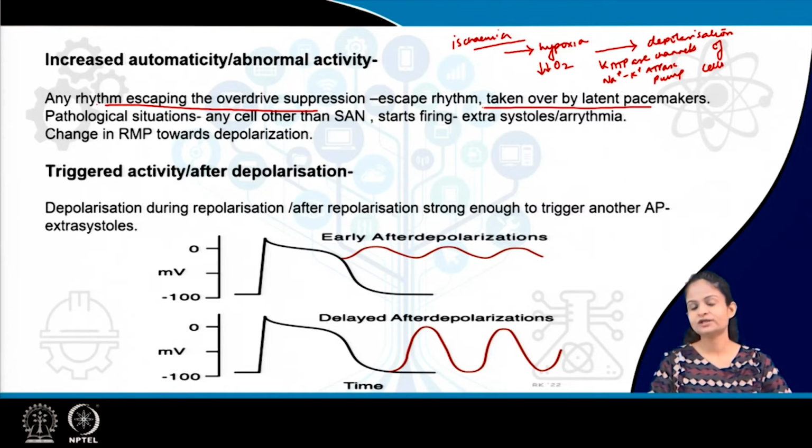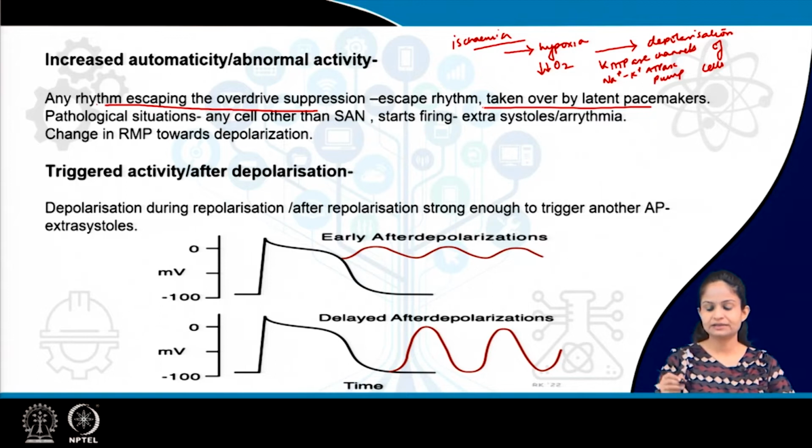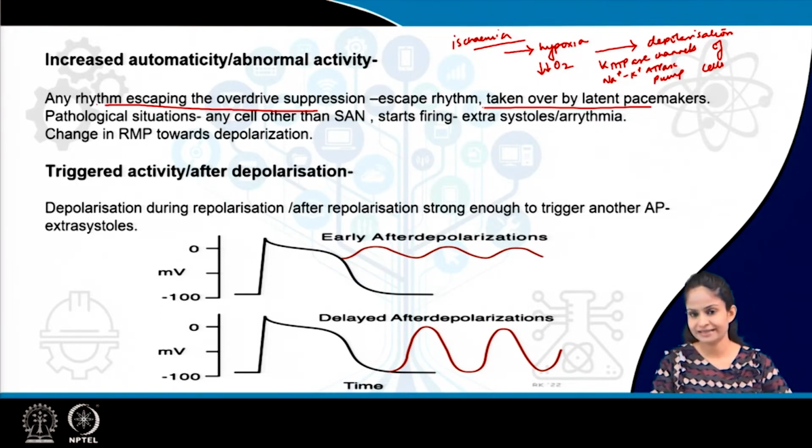Because of the loading of the cations, and in the case of potassium ATPase channels, these channels usually open whenever there are hypoxic conditions. The channels will open, and there will be more potassium in the extracellular fluid because of the increased efflux of potassium.